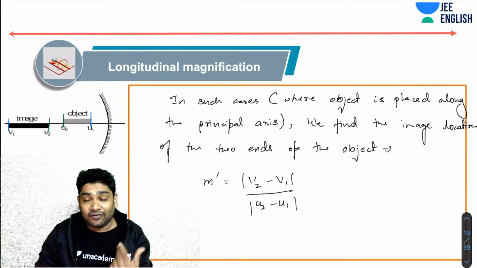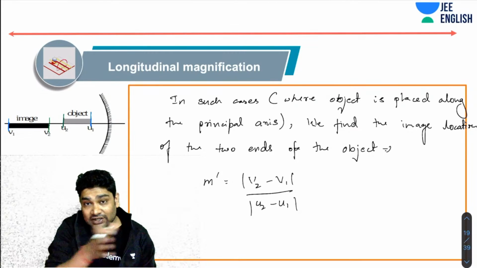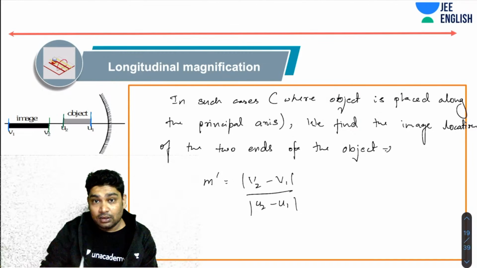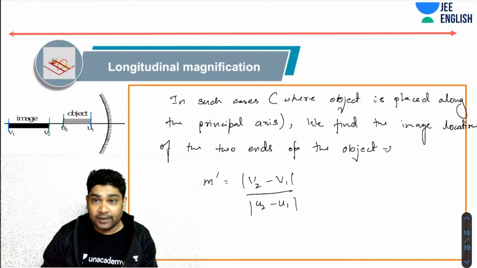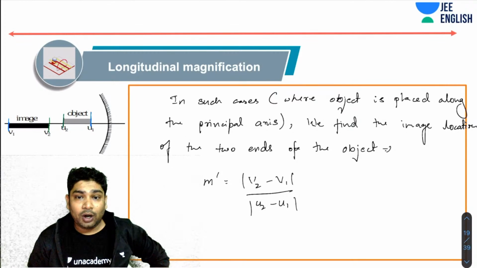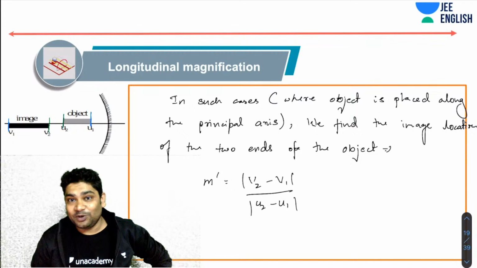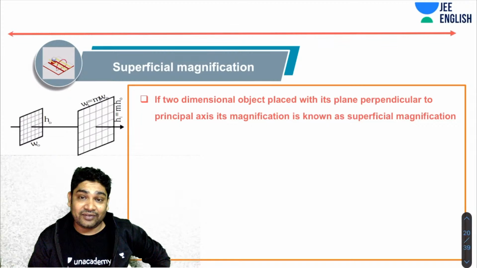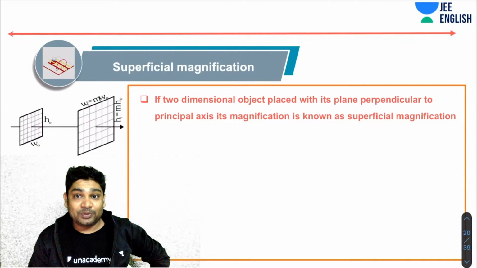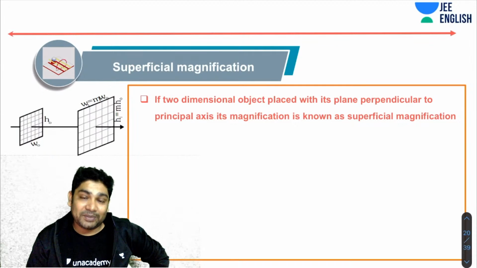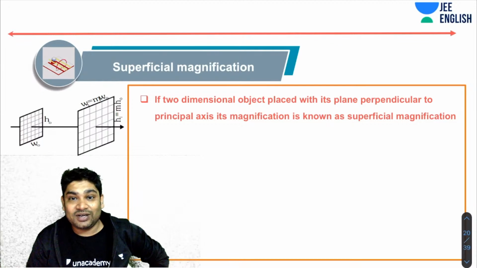Okay, so longitudinal magnification is defined for objects placed along the principal axis, and lateral magnification is defined for objects which are placed perpendicular to the principal axis. All right. So now that you know how to calculate this, let's talk about superficial magnification. If a 2D object is placed in its plane perpendicular to the principal axis, then its magnification is known as superficial magnification.